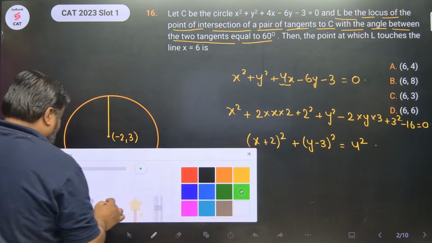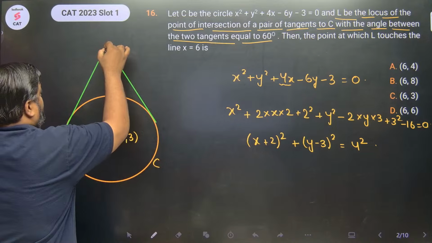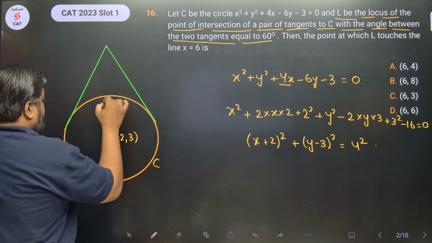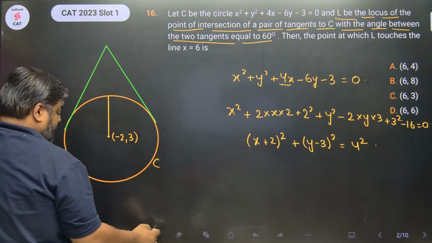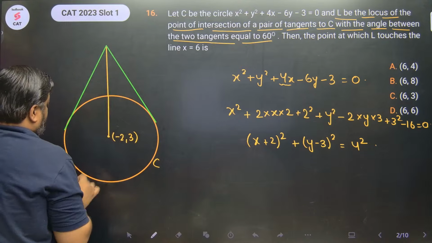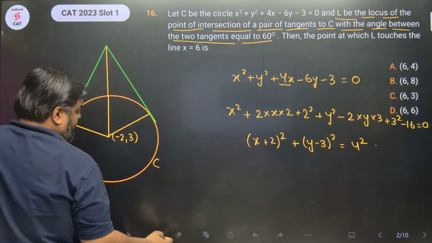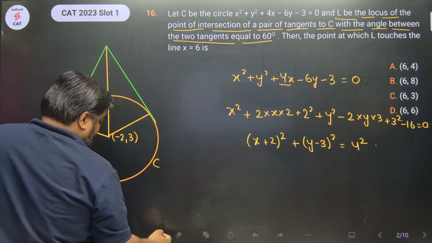So let's say this is a tangent, a pair of tangents, and the angle between them is 60. Then if we join it to the center and connect from here, all of this can be done.